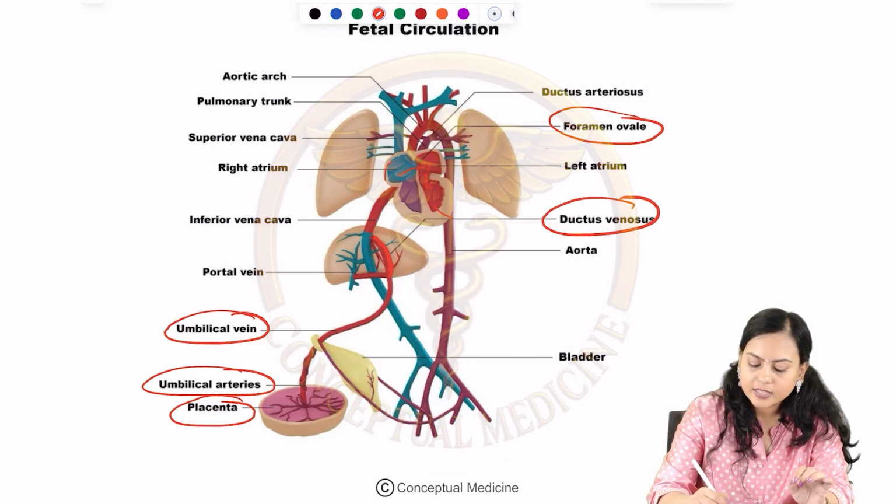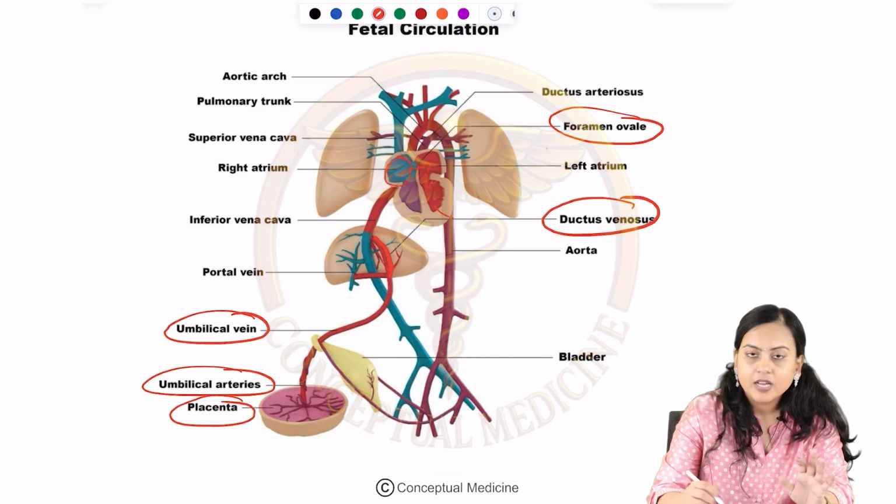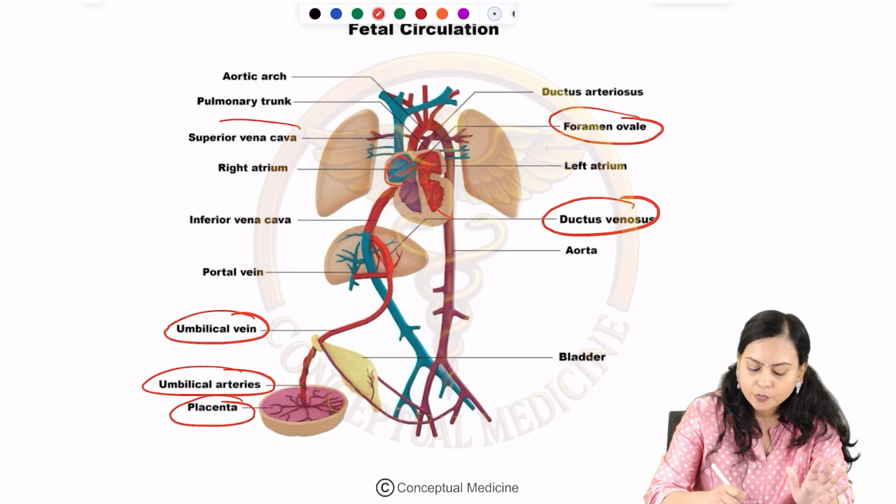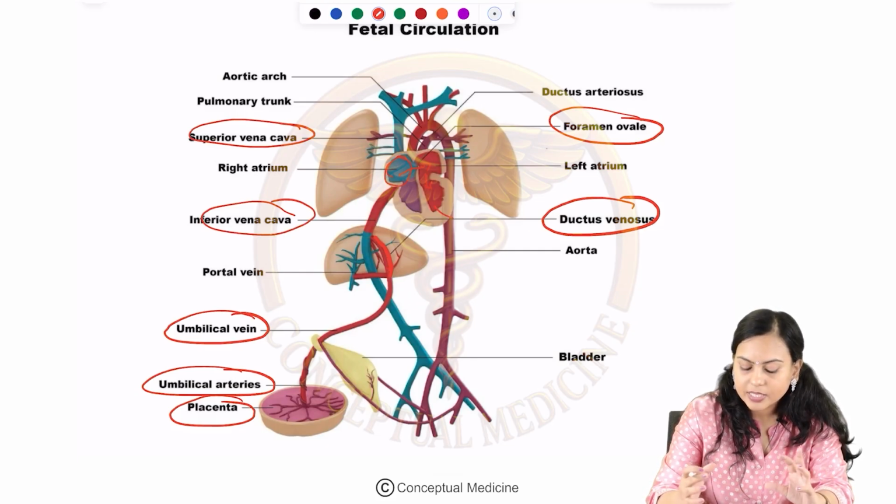Also, the right atrium receives blood from the superior vena cava, which is deoxygenated blood, and some of the deoxygenated and oxygenated mixed blood from the inferior vena cava also. So this blood will be reaching the right ventricle.